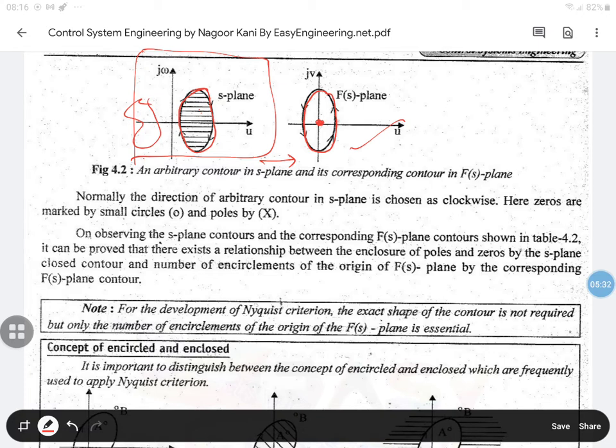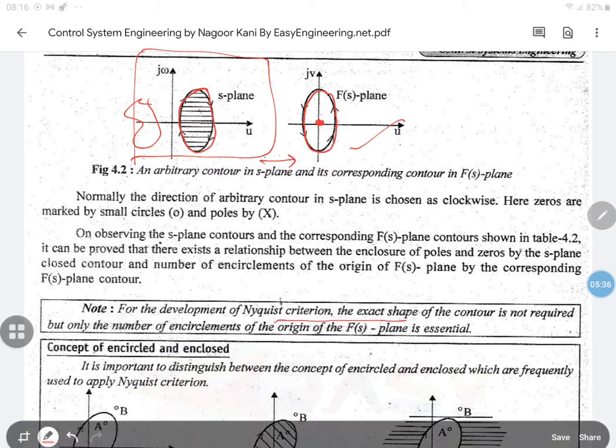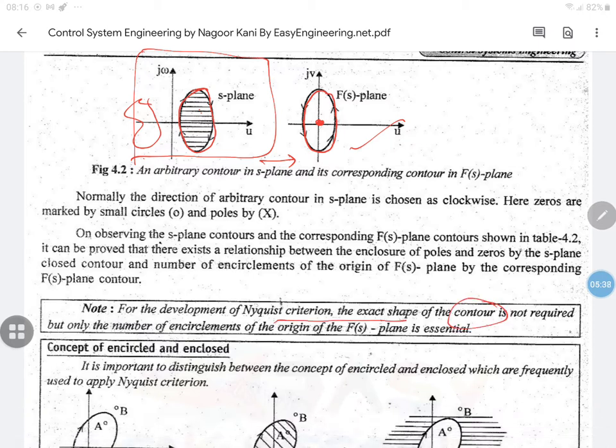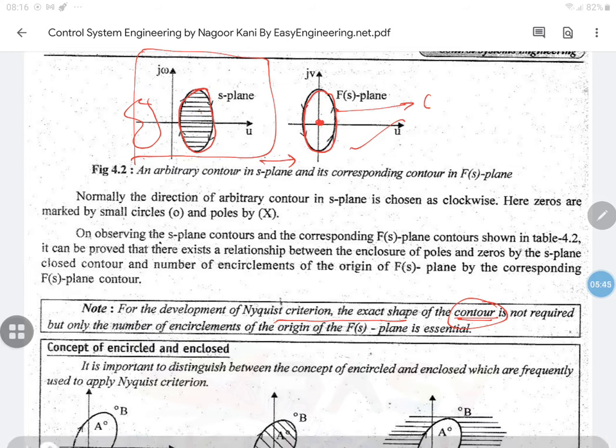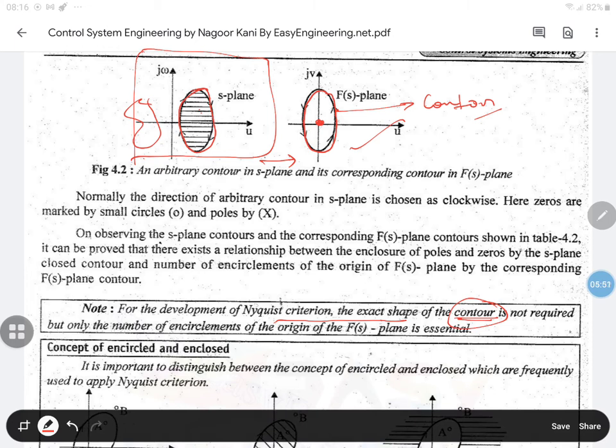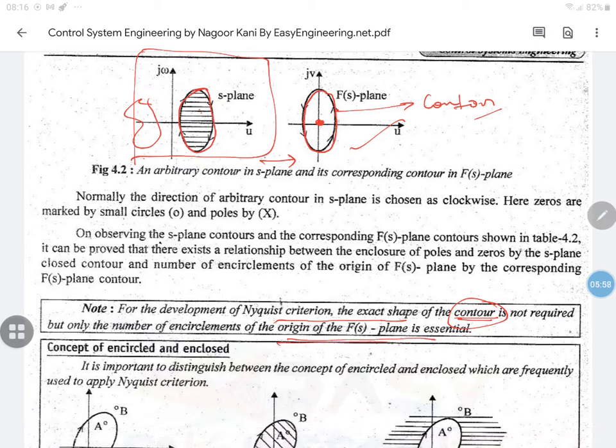For the development of the Nyquist criterion, the exact shape of the contour is not required. This contour is a new term which we are introducing; this circle is known as the contour. Only the number of encirclements of the origin of the f of s plane is essential.